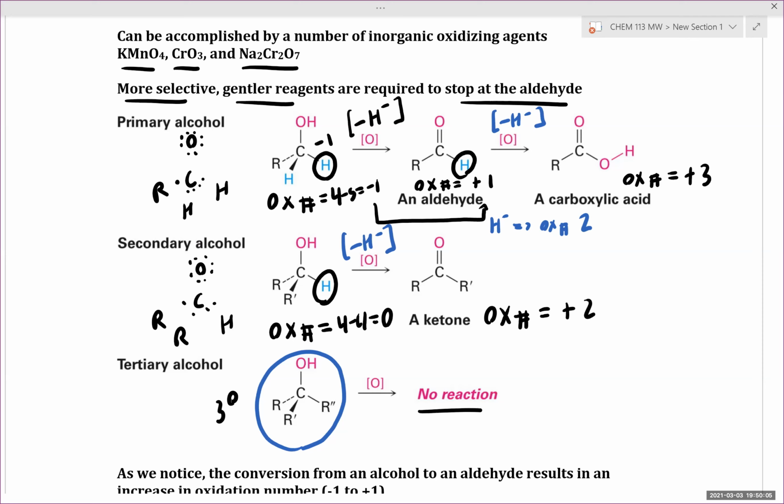So primary and secondary alcohols can undergo oxidation. Primary alcohols can be oxidized to yield aldehydes and carboxylic acids, while secondary alcohols can only be oxidized to yield ketones. Tertiary alcohols are unreactive under oxidation conditions.